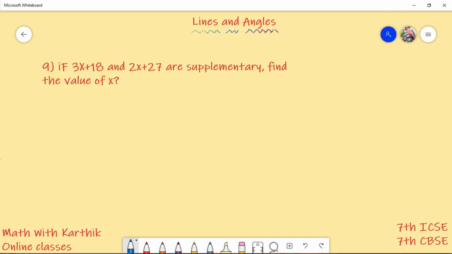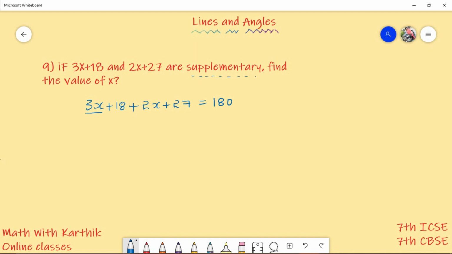Question number 9. If 3x plus 18 and 2x plus 27 are supplementary, find the value of x. Here the question says supplementary, so you have to add both the values, and that should be equal to 180. So 3x plus 18 plus 2x plus 27 is equal to 180.